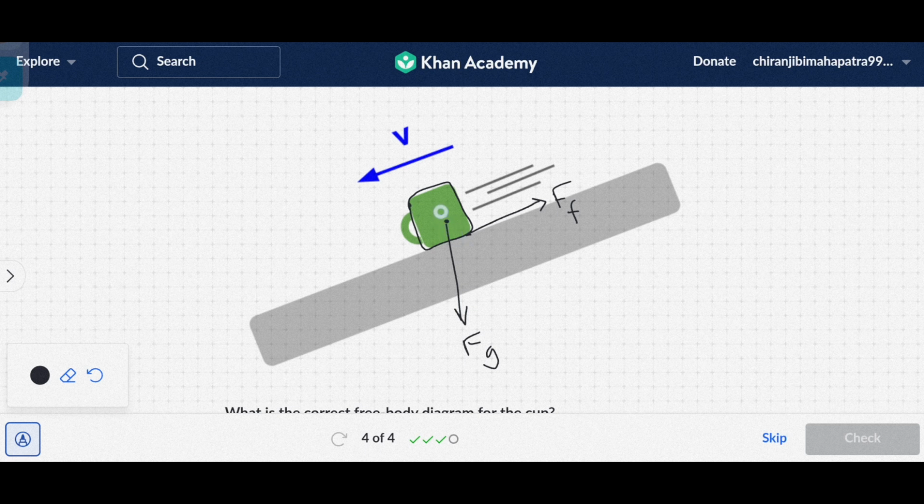If the object is made of one type of material and it's not too big, the center of gravity and center of mass will coincide, so it doesn't matter. So the friction is here, and the contact force from the surface is upward, FN.